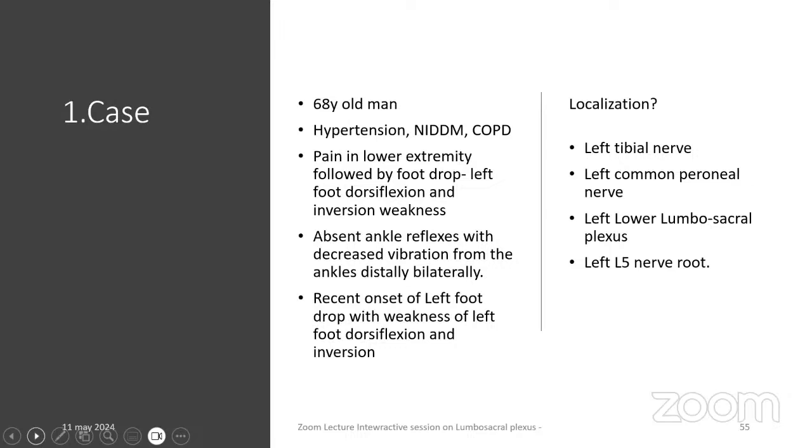There is a recent onset of left foot drop with weakness of the left foot dorsiflexion and inversion also. So where is the problem? Is the localization a left tibial nerve, left common peroneal nerve, left lower lumbosacral plexus, or left L5 nerve root? Which could be the answer in this case?